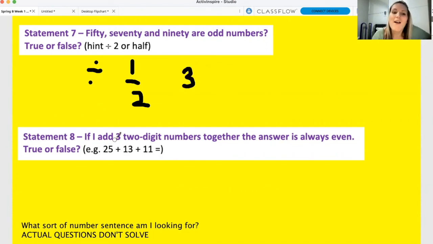Statement 8, if I add 3 2-digit numbers together, the answer's always even. So this is any 2-digit numbers, any 3 you like. So it could be 21, 52 and 15. Any 3 numbers, add them together and see if your answer is even.